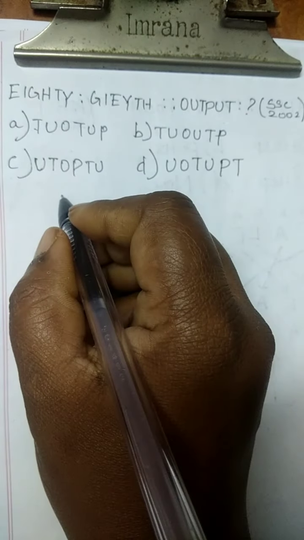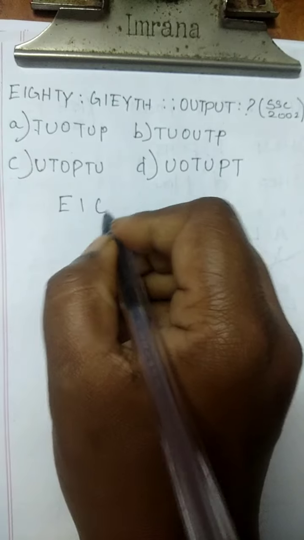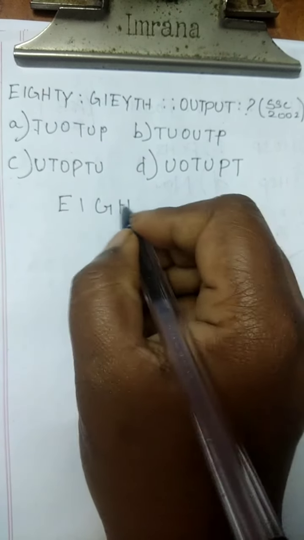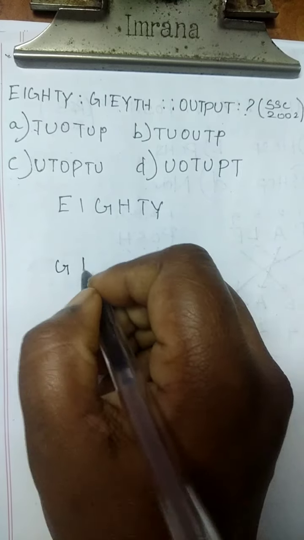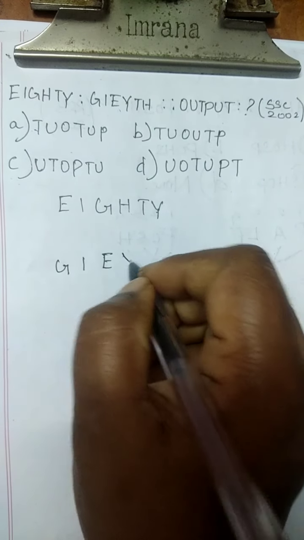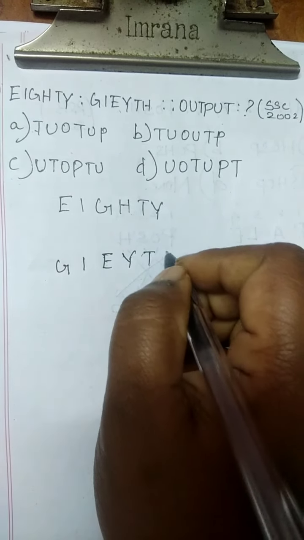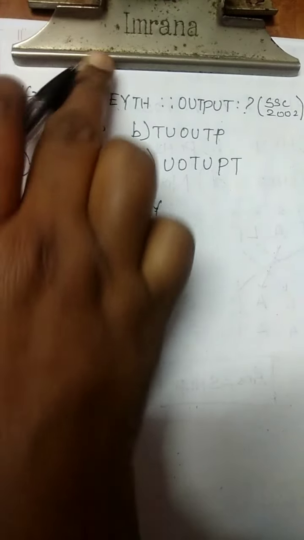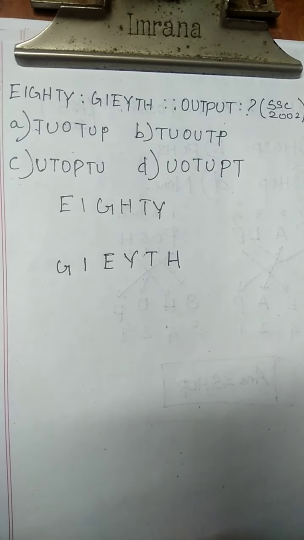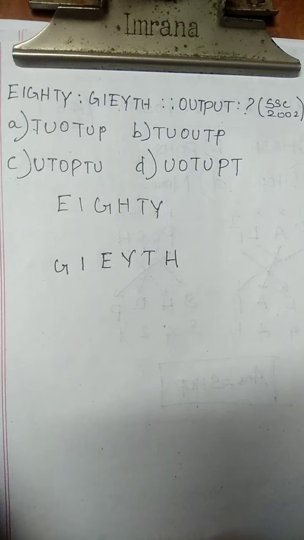So we have to find the clue first. Write down EIGHTY, and then again write GIEYTH. We have to find the relationship between EIGHTY and GIEYTH.